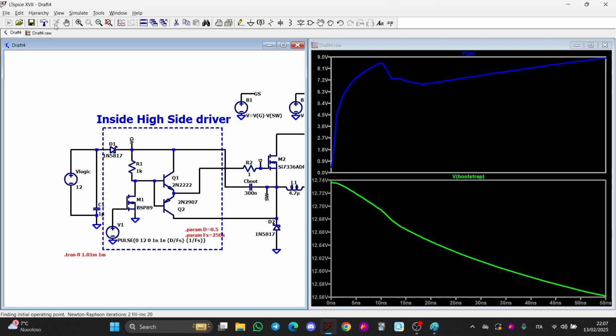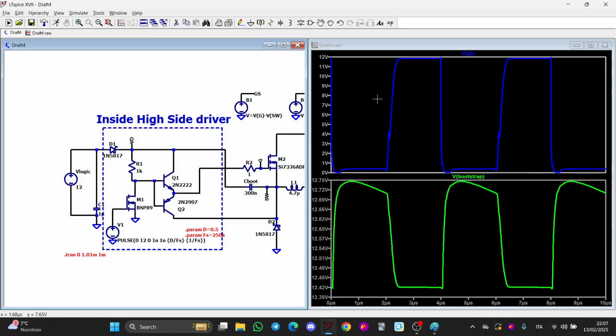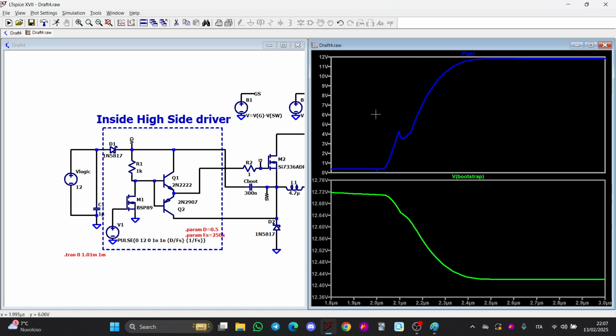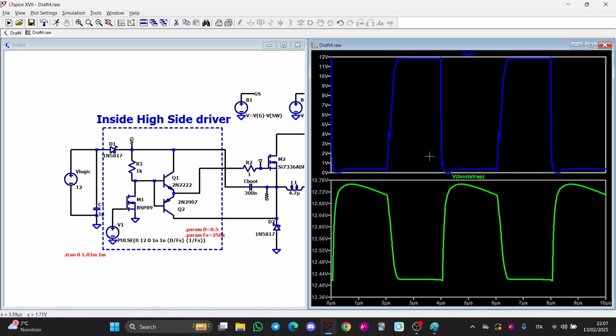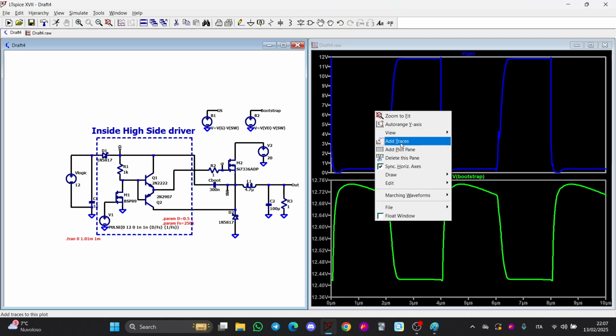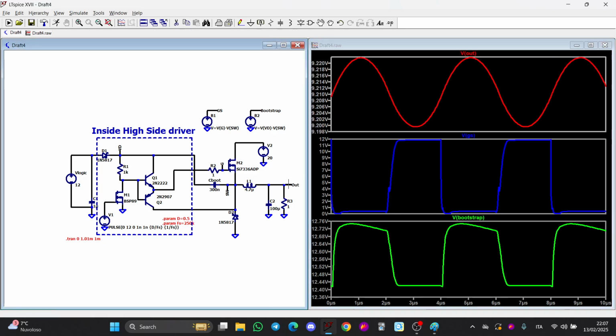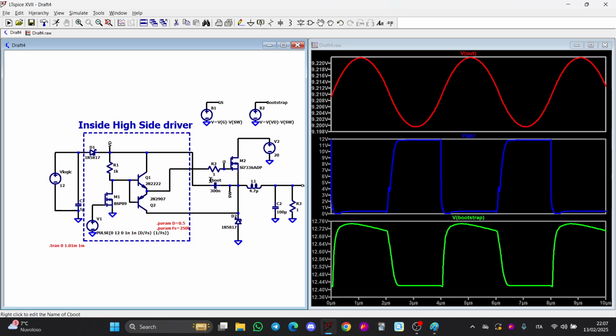So if I run the simulation, it is the same, but as you can see, it is inverted. So the VGS now, where it was 12 volts, is now 0, and so on. Nothing new, like my professor said, nothing new under the sun. And the Vout is always 9 volts.